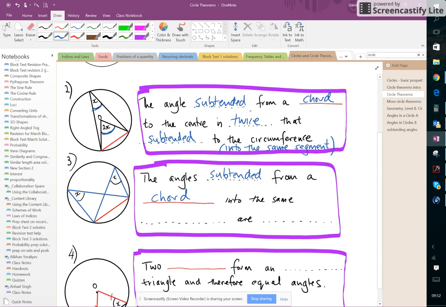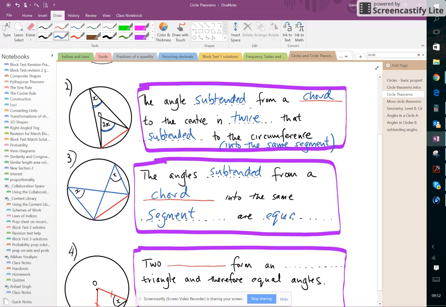So the angles subtended from a chord into the same, well, it must be the same segment again, are equal. Okay, so take this chord, subtend an angle here, subtend an angle here. We could subtend another angle, let's say up here. This would also be x, as long as it's into the same segment. I couldn't subtend it down here. That wouldn't work because it's in a different segment.